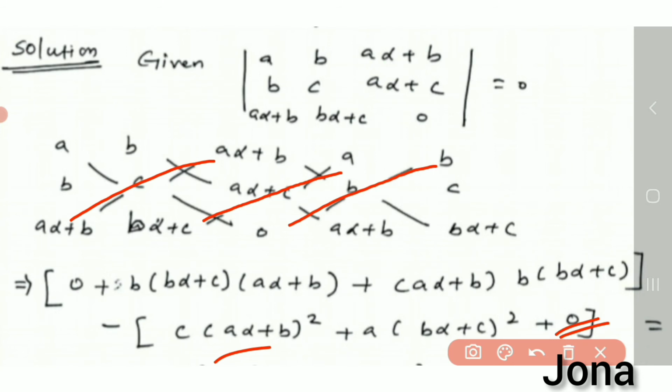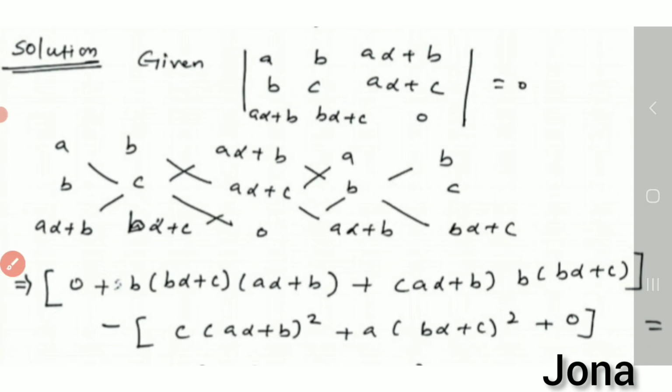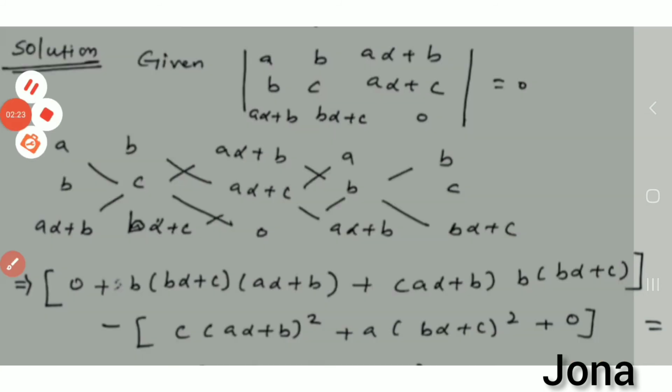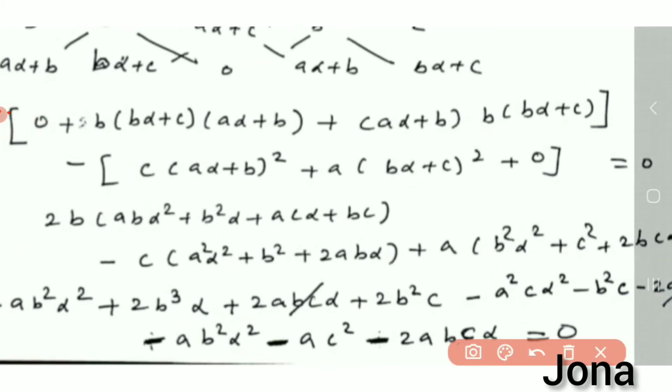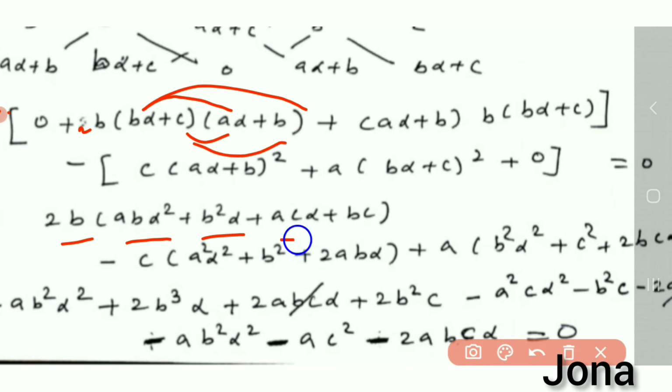So likewise we multiply crosswise on both sides. Here we want to remove the brackets, so keep 2b as it is. So 2b into, we multiply these two things, that means ab alpha square plus b square alpha and then ca alpha into cb.